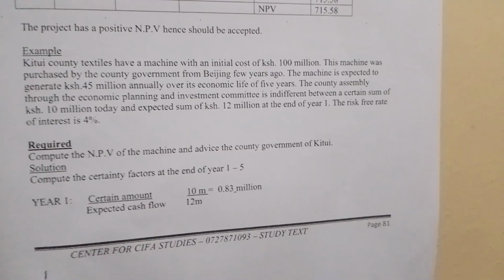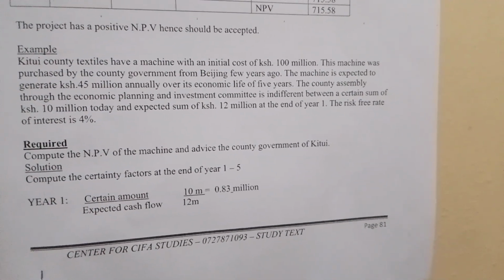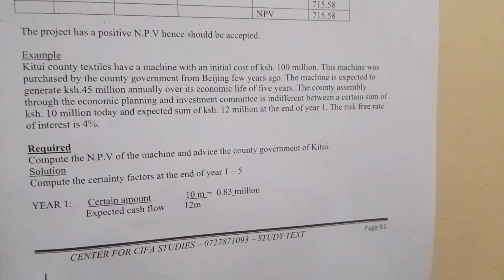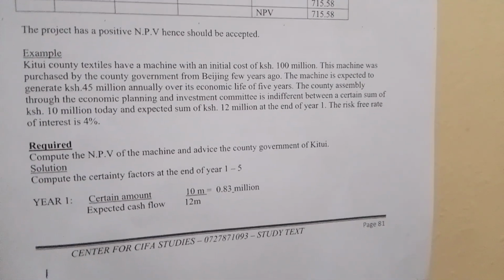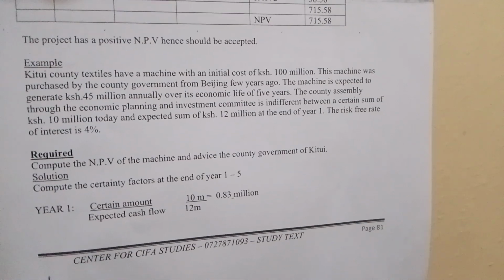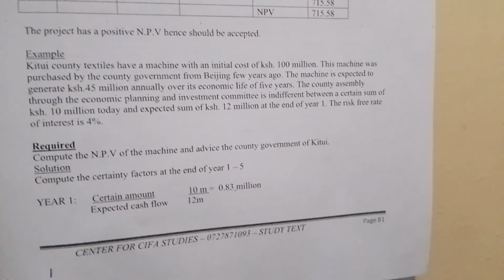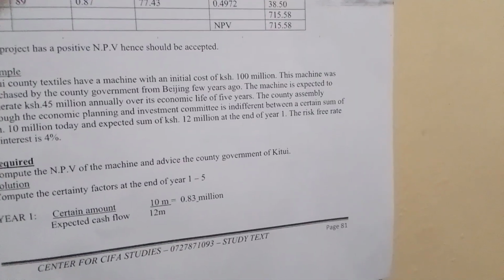What are they expecting? 12 million. This 12 million is risky. So we take the certain amount, 10 million, divided by the risky amount, 12. So 10 divided by 12, you get 0.83.